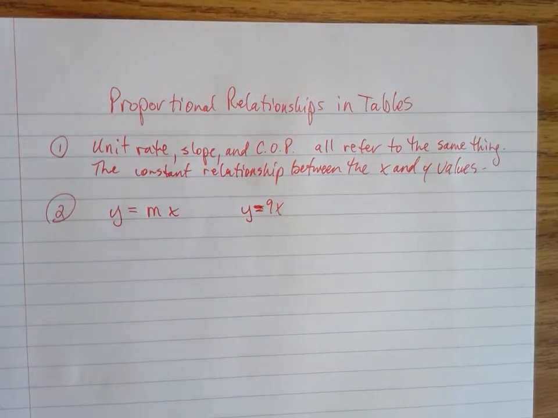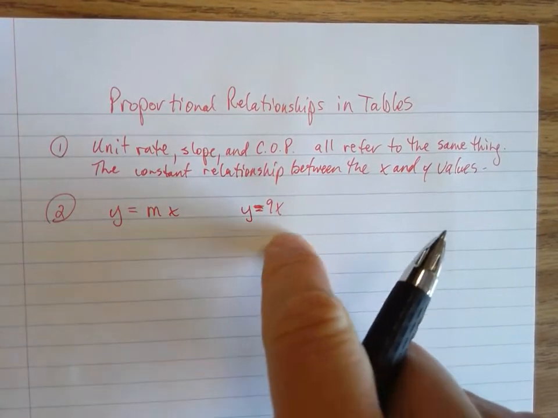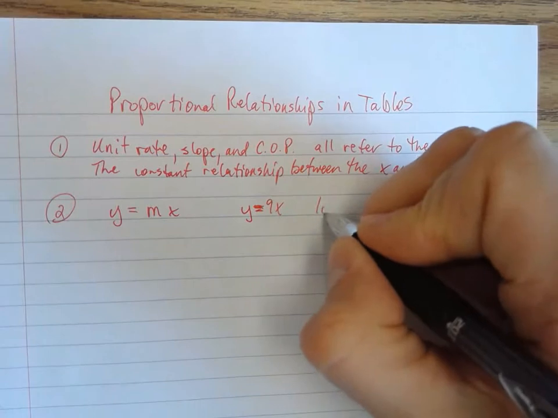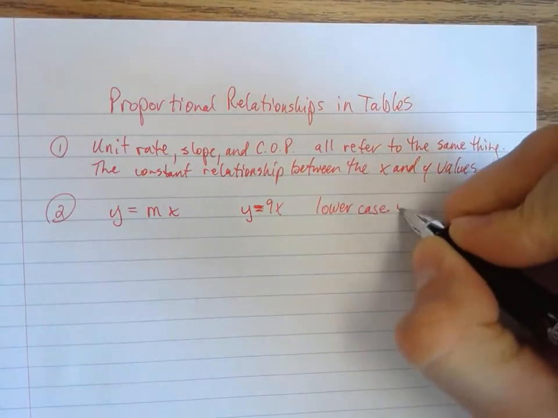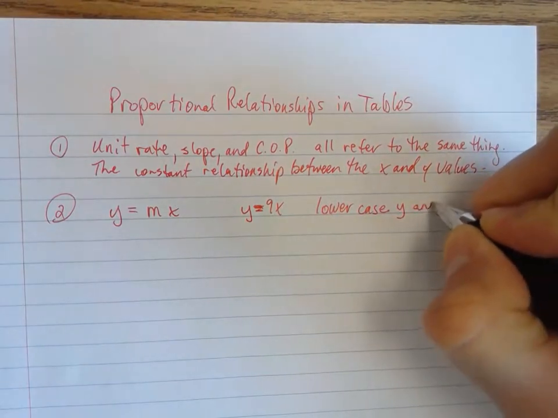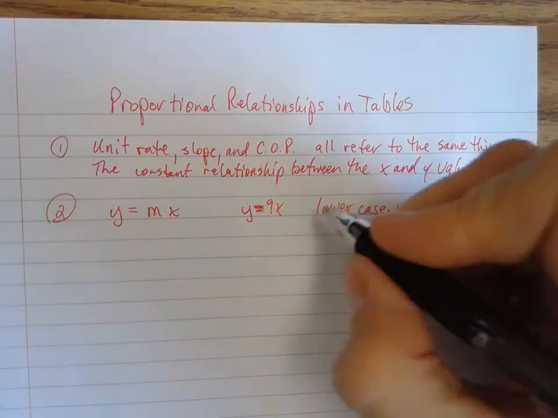Do not put a space before the equal sign or after the equal sign. Put the y first, lowercase. The x is also lowercase. Do you people hear me? Lowercase y and lowercase x. No spaces.